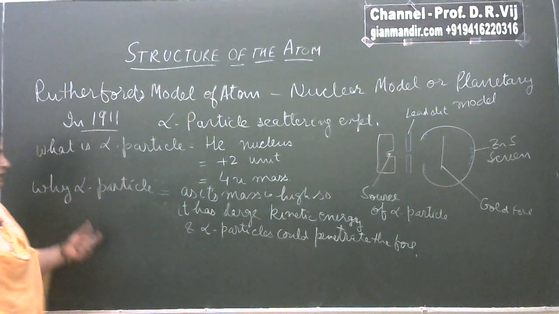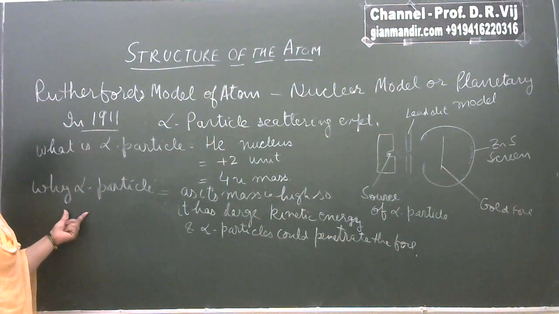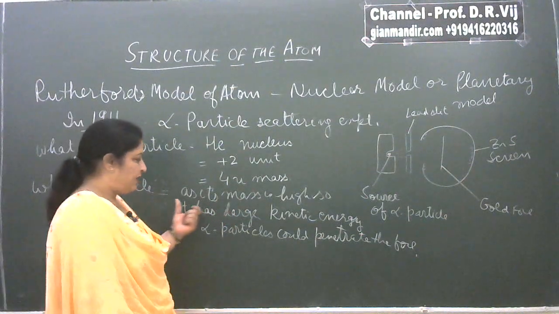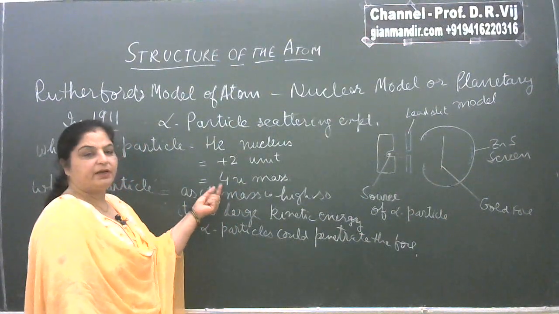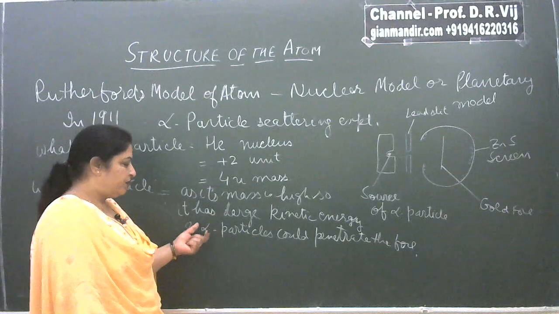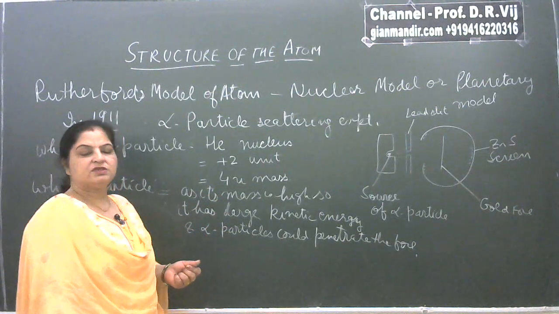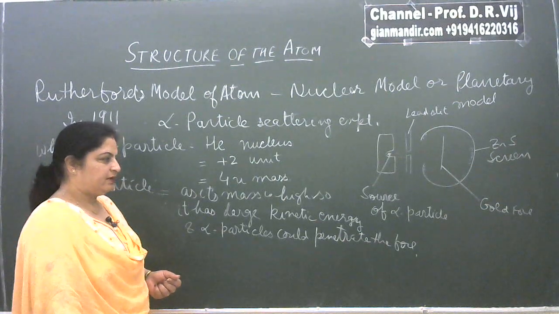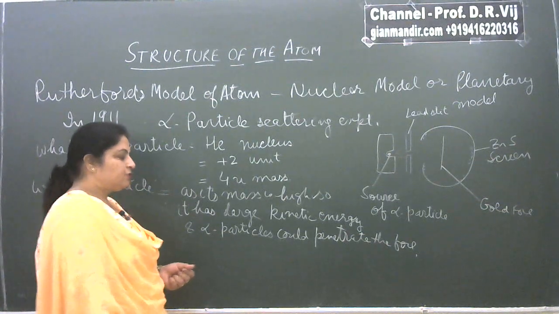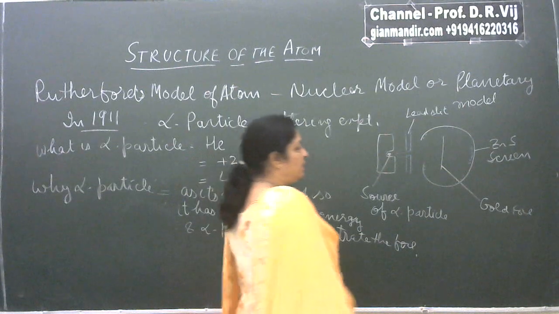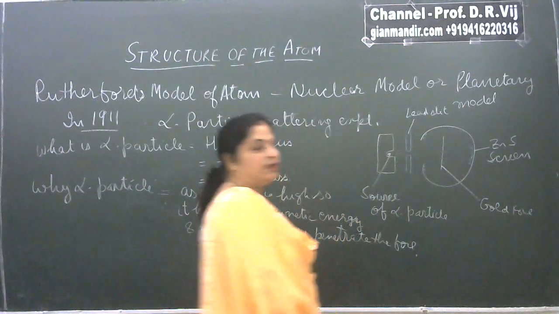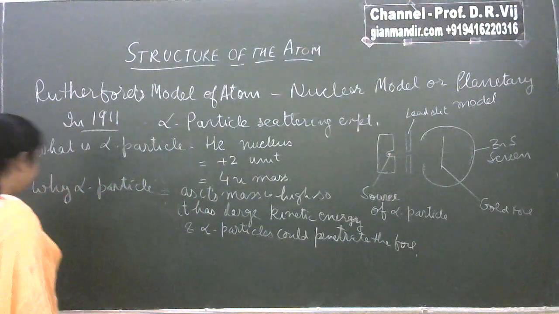Each alpha particle has a mass of 4 units, and because of that its kinetic energy is very high, so we can expect these alpha particles to penetrate through the gold foil.